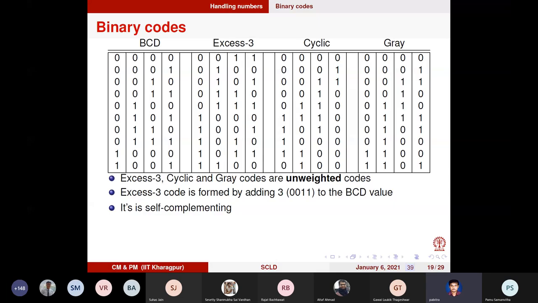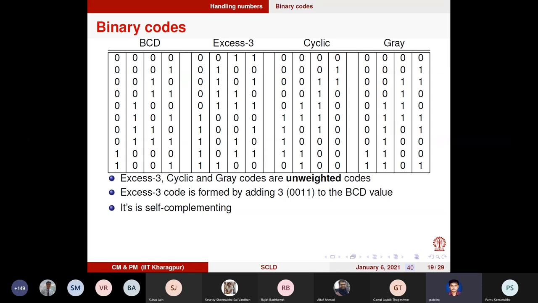So you are measuring something, say the speed of a car or the speed of rotation of the wheel of a car. If your measurement differs a little bit, for example, instead of 3, you have measured it to be 4, your corresponding cyclic code will also differ a little bit, only one Hamming distance.